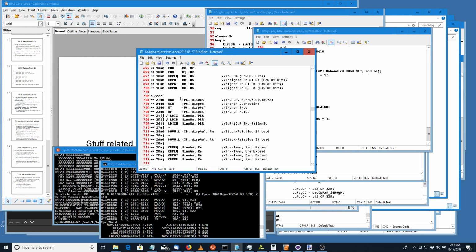One would think, well, what about all those cases where you need to branch further than plus minus 256 bytes, but you don't want to spend 4 bytes on the branch you'd need for a 20-bit displacement.